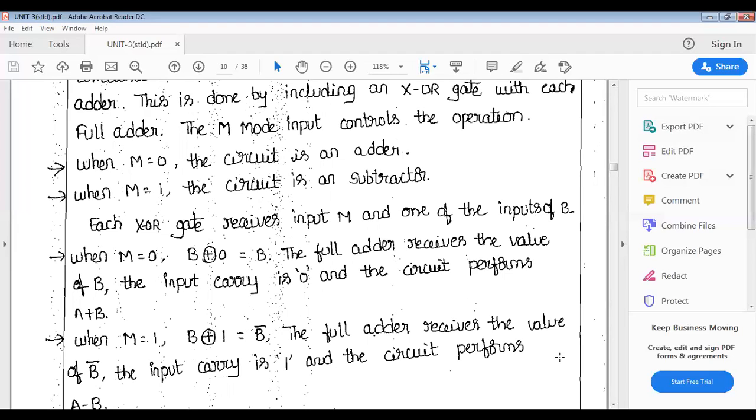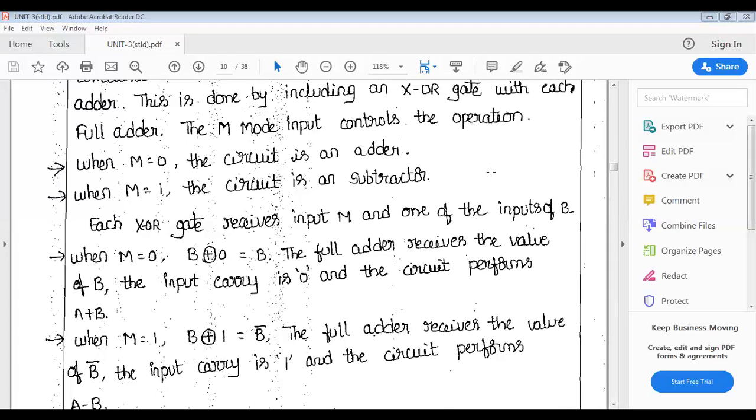Now, when M is equal to 1, you can see B exclusive OR of 1, that is B bar.